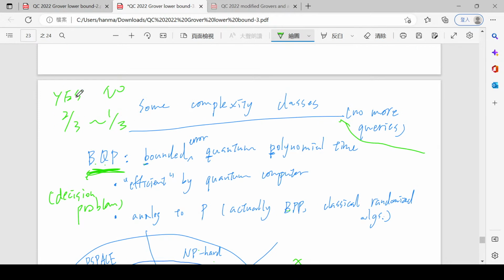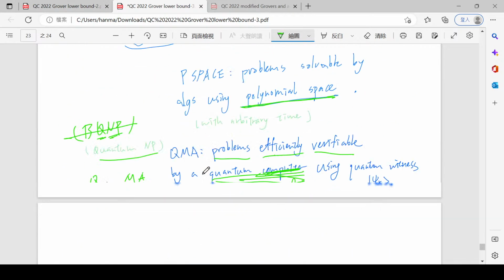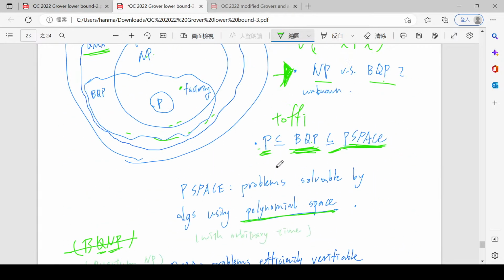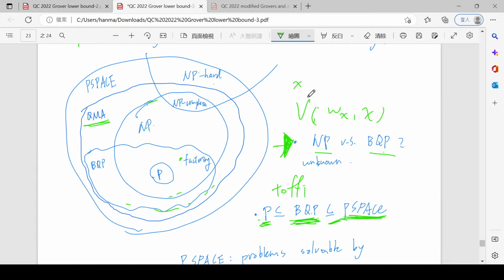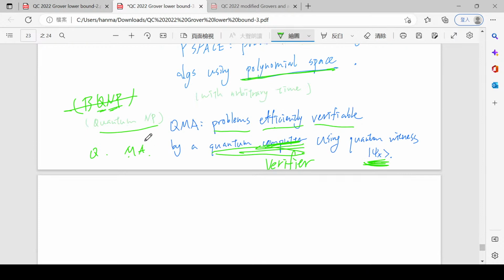You can accept with some probability and reject with some probability. And if you think about a verifier system that's probabilistic, then classically that's called the MA class instead of NP. So it's actually QMA instead of QNP. That's a side note.